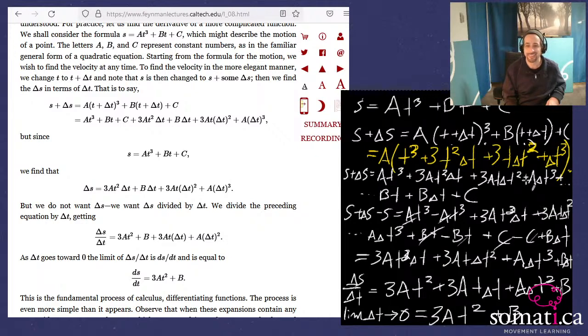Yeah, or you can use your, what do you call that? That rule in calculus? Power law?